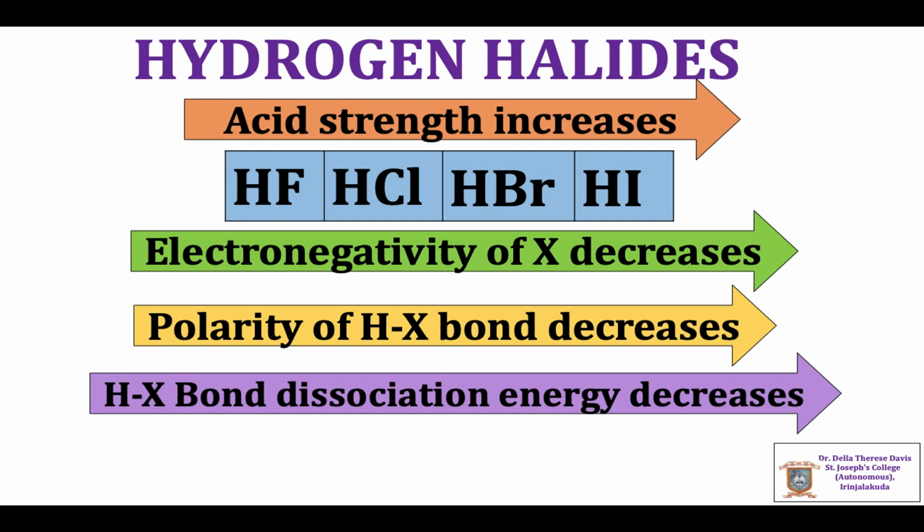Effective overlap of iodine and hydrogen is not possible as in the case of HF. HI, which has the least bond dissociation energy, is the strongest acid.